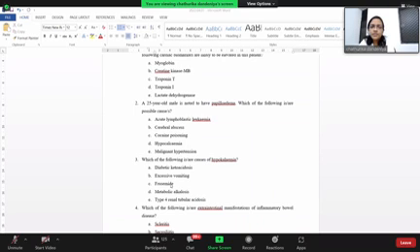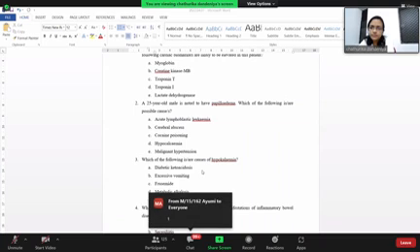Then the next one, metabolic alkalosis. Okay, good.